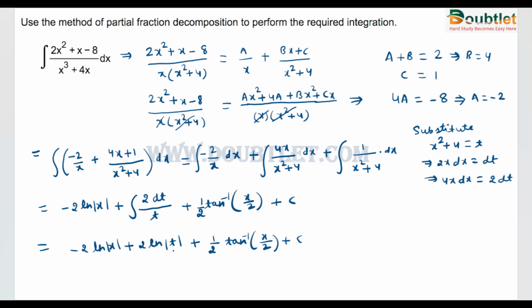Now the answer should be in the form of x, and t is the substituted value, so we will resubstitute t as x square plus 4, and we will simplify the log also.